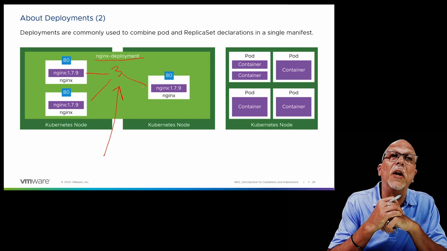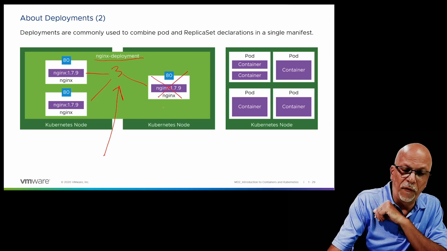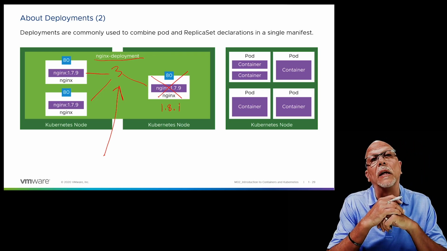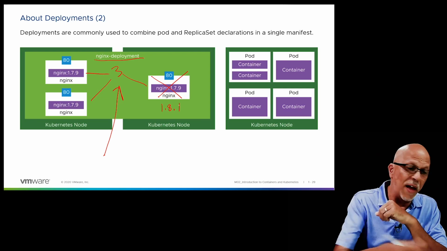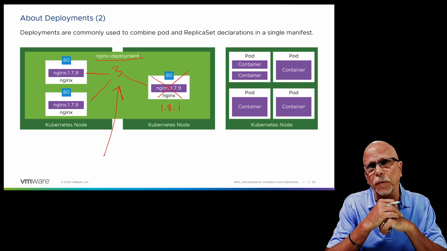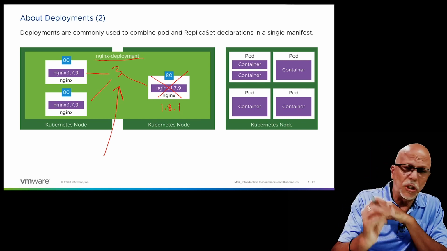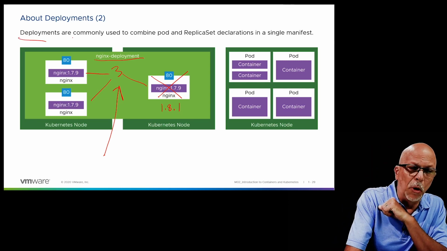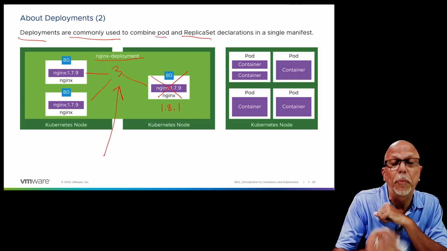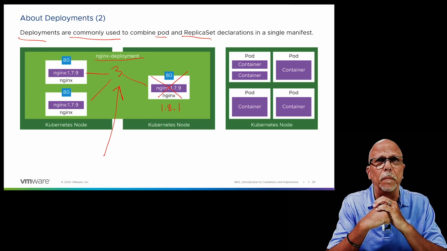If I was doing an upgrade, it would kill one off, bring up my 1.8.1, make sure that it is operational, and then rinse and repeat the rest of the way through the remaining pods. As I said, deployments are the most commonly used because they combine pod and replica set declarations into a single manifest.